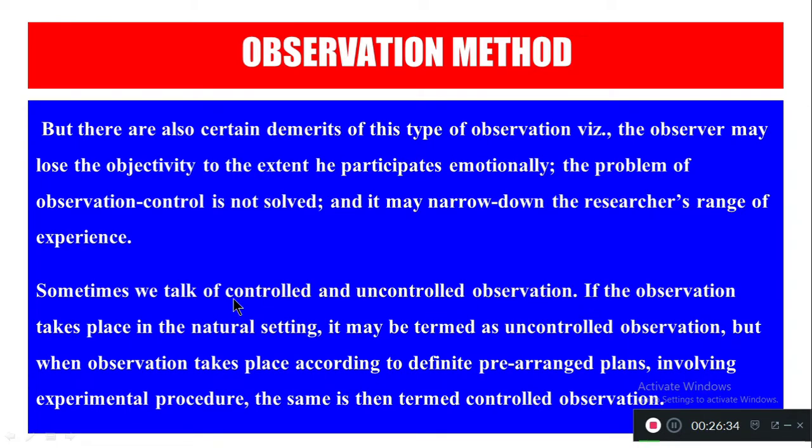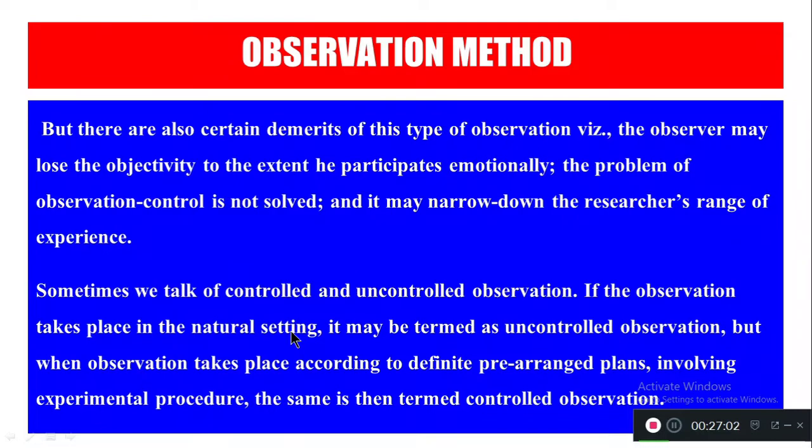So the controlled observation. You know that the observation takes place in a well developed setting, like any lab or any experimental setting. The setting is pre-arranged. We have the plan. Such type of observation is called controlled observation. Inside an exam hall, we keep CCTV and we observe the students' behavior.